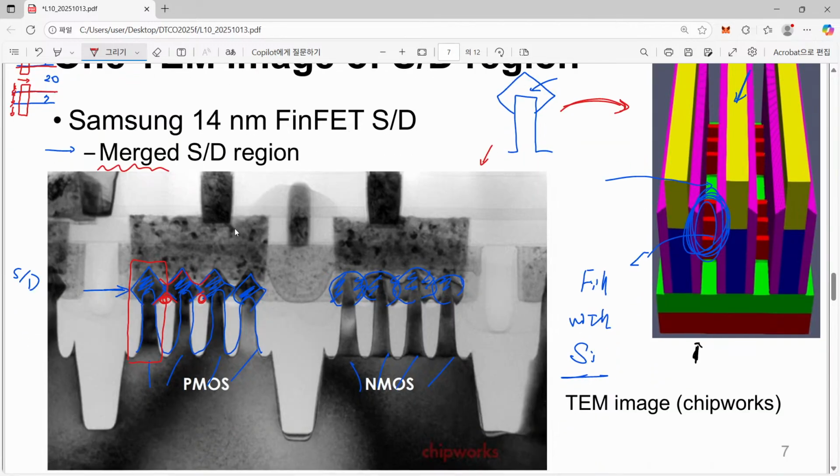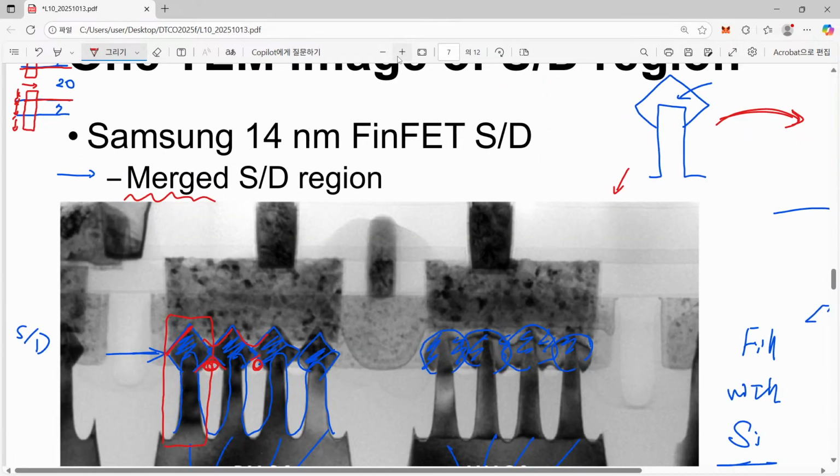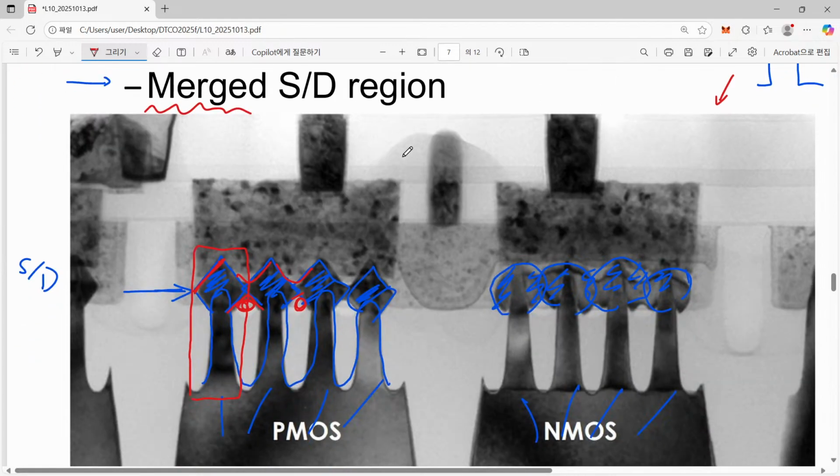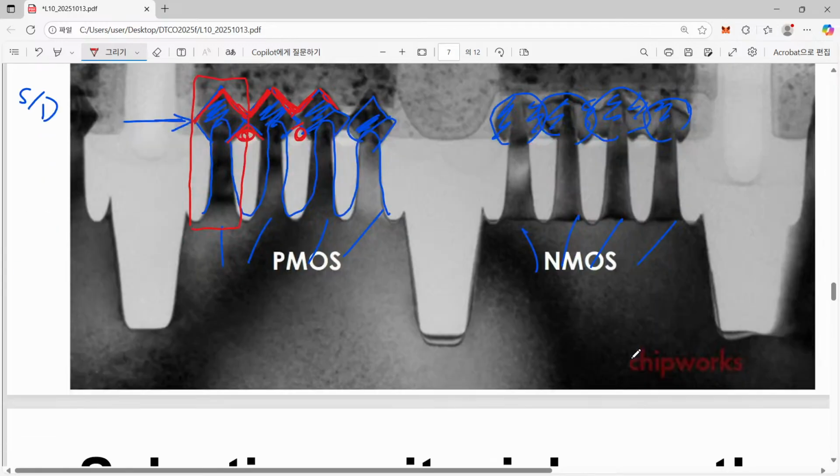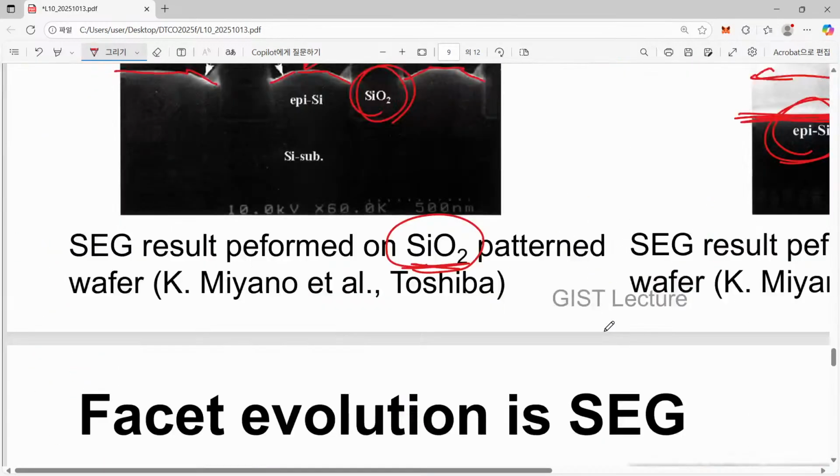Actually, you can have this diamond structure, and this angle corresponds to the one you are looking at at the end of our presentation material.